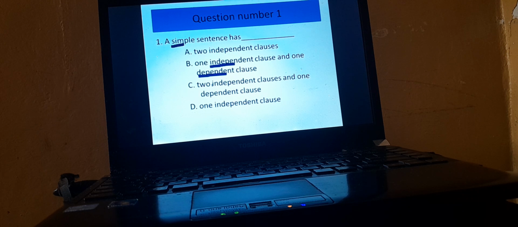C, two independent clauses and one dependent clause. D, one independent clause. Try to think in order to give the correct answer for this question and then give your answer. I will wait for 30 seconds.